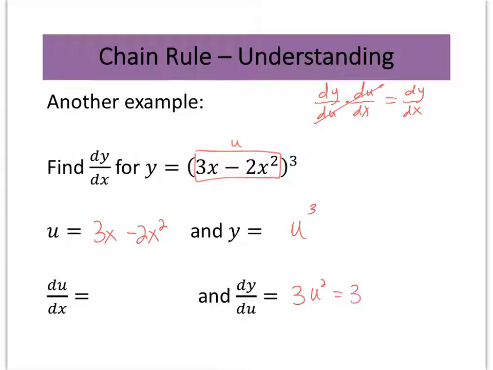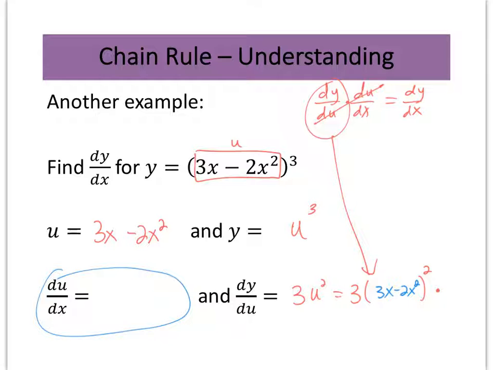So 3, I'm going to do it in blue, (3x minus 2x squared) to the power of 2, times, so this was dy/du, and now I have to multiply it by du/dx.